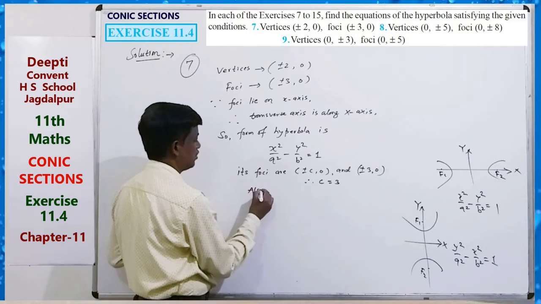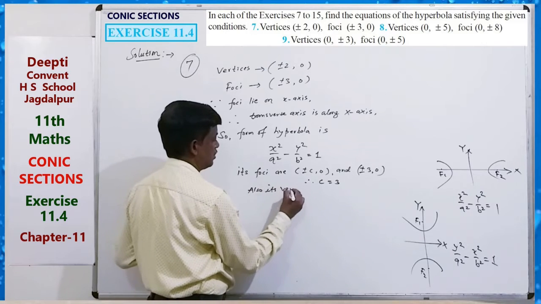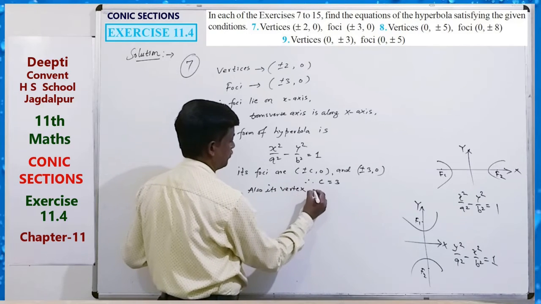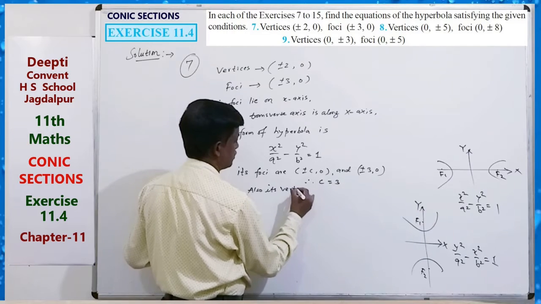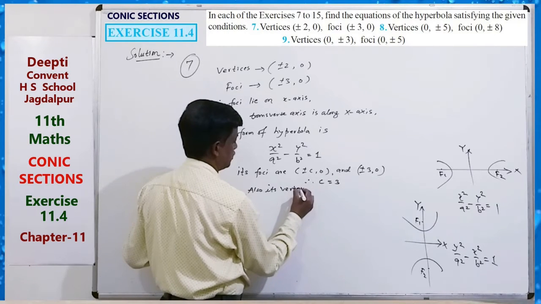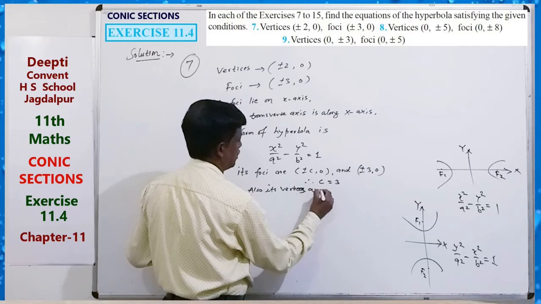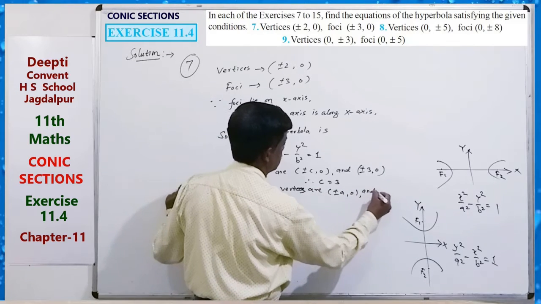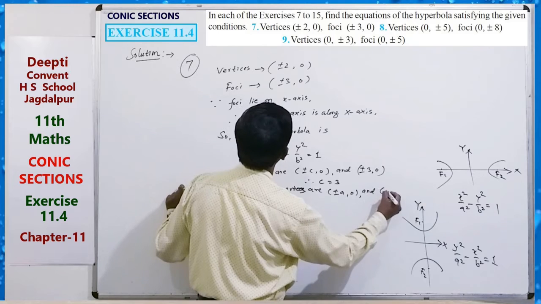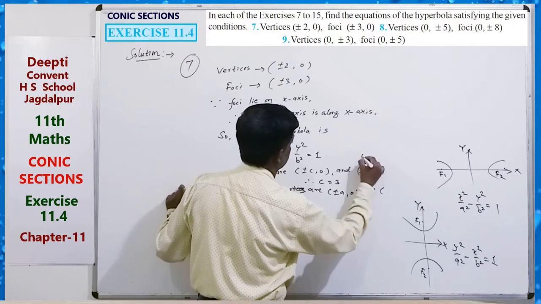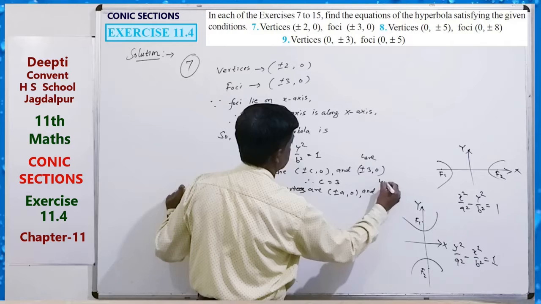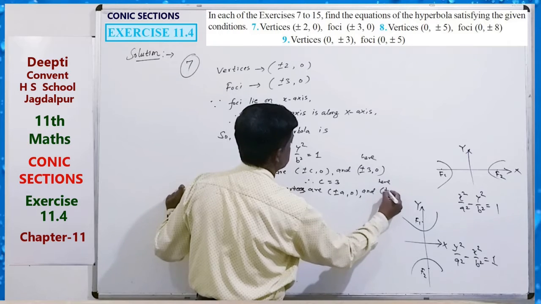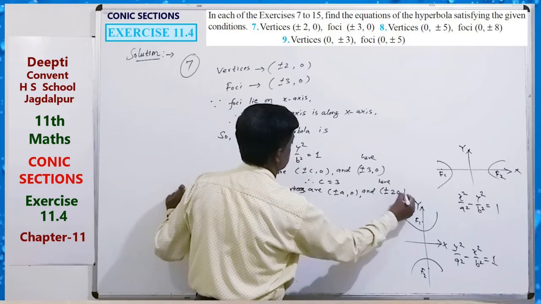Also its vertices are plus minus a, 0, and here plus minus 2, 0.